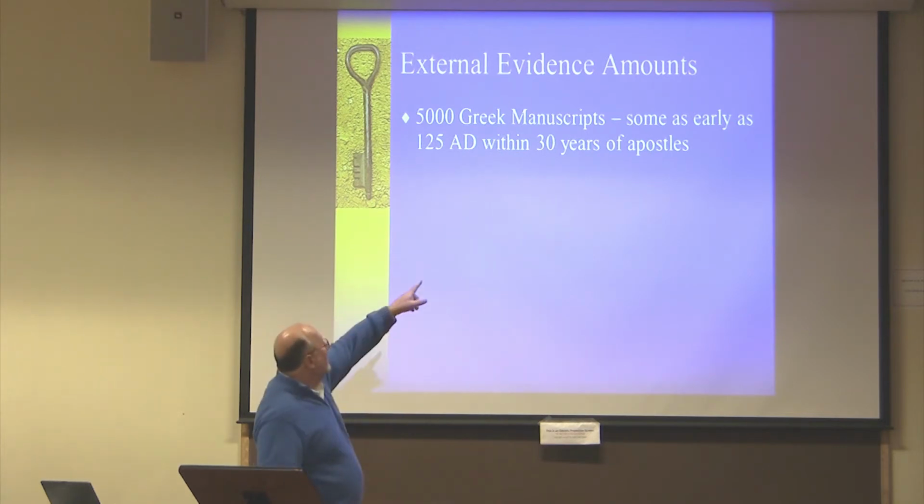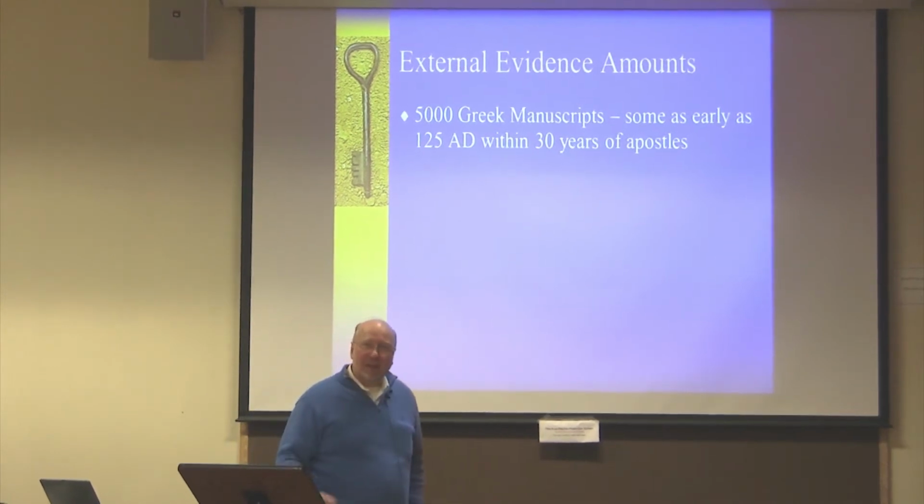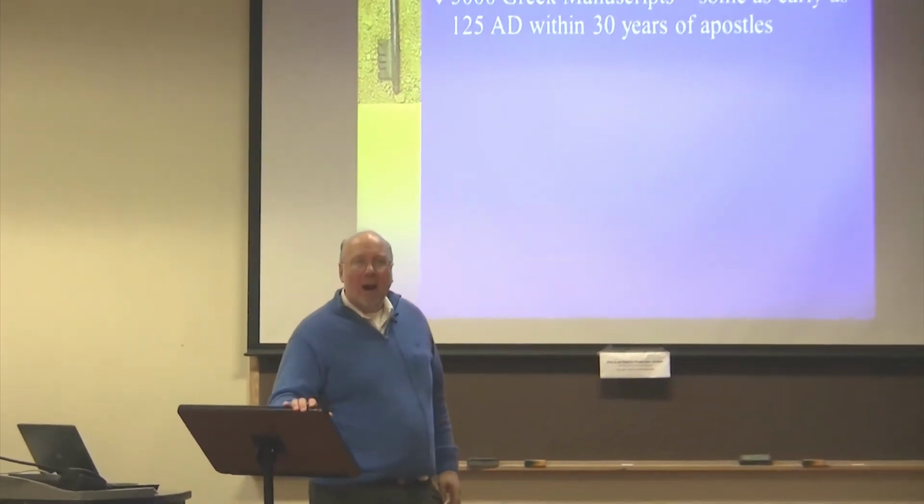Some as early as 125. And so 125, we've got the papyrus going back. Deissmann and some of those guys did a lot of work with the papyrus around 1890, around 1910, right around the turn of the 20th century. Between 1880, say, and 1920, a lot of this papyrus stuff came out.